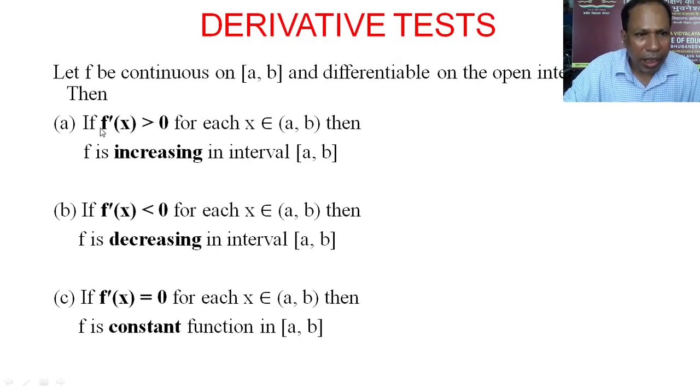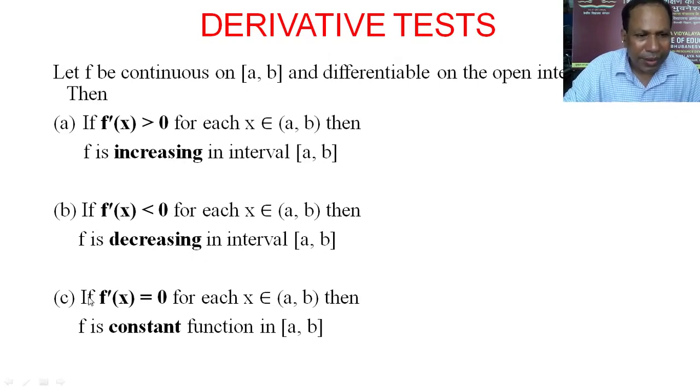Then if f'(x), that means the derivative of the function, is greater than 0 for all x belonging to the open interval, then f is said to be increasing in the closed interval [a, b]. And if the derivative of the function is less than 0 for all x in the open interval (a, b), then we say f is decreasing in the closed interval [a, b].